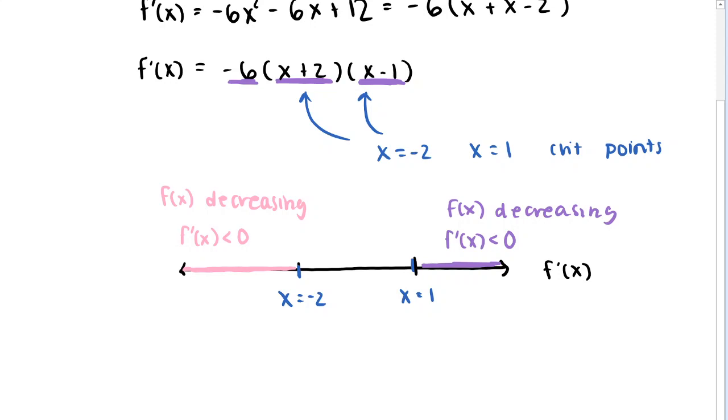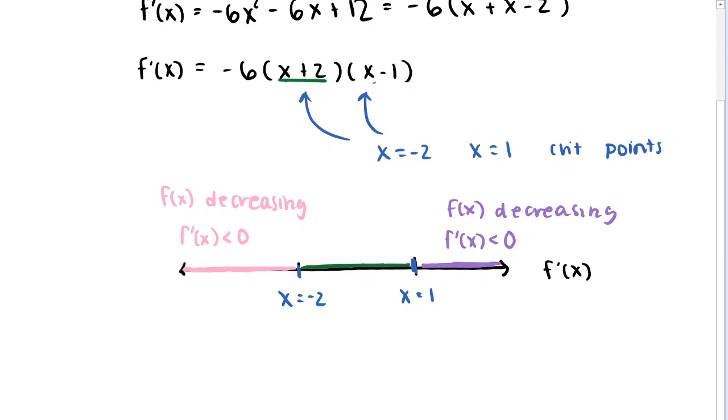And then lastly, if I look at the same derivative function, but I instead plug in something in between -2 and 1 to figure out what this interval is like. Is the function increasing or decreasing on this interval? Well, here the derivative, if I plug in something like x is equal to 0, right? That's a number that's on this interval.